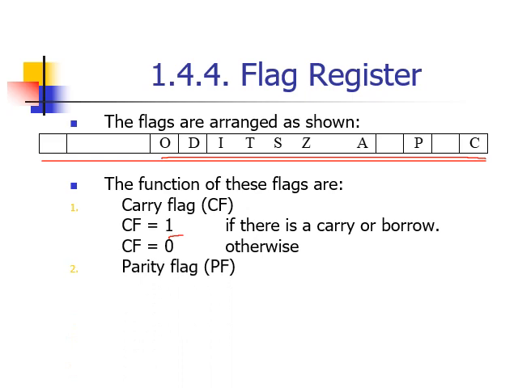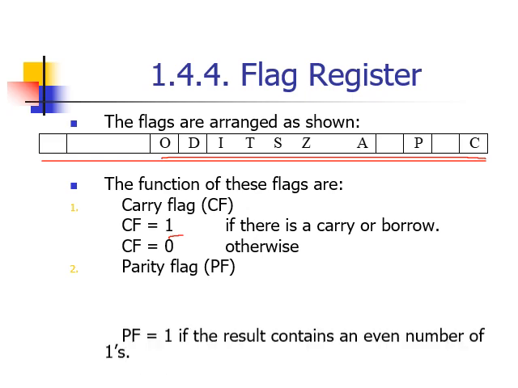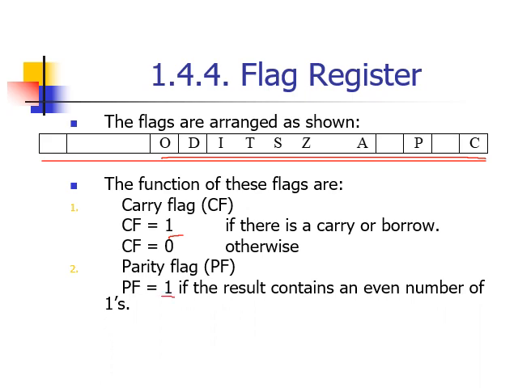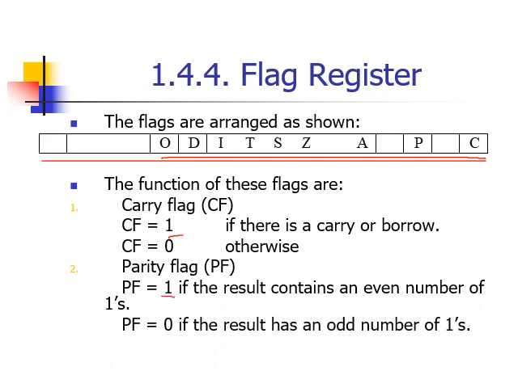The parity flag bit: if the result contains an even number of ones, the parity flag bit is set. If it contains an odd number of ones, the parity flag bit is reset.